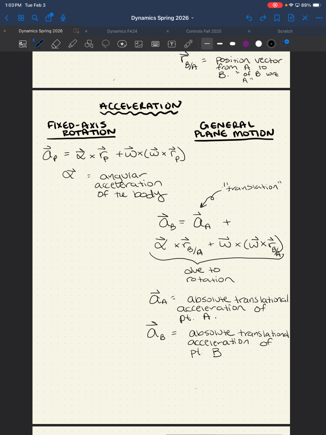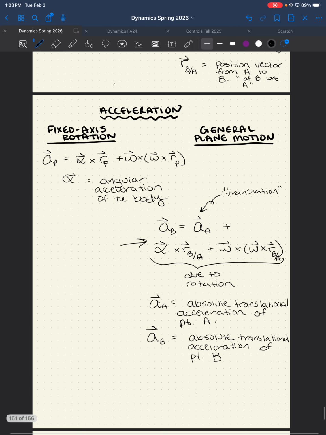But also note that when we're talking about A and B here, in both the velocity and the acceleration, we are specifically referring to 2 points that are on the same rigid body. On the same rigid body. That's important because some funny things happen later on when we go back and review prior material, and I say, I have 2 points, A and B, that are moving around in space with no relation to one another.